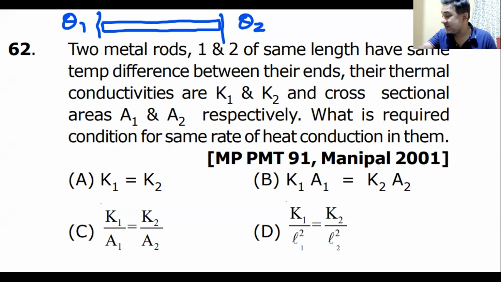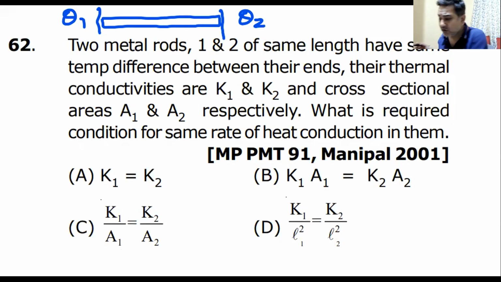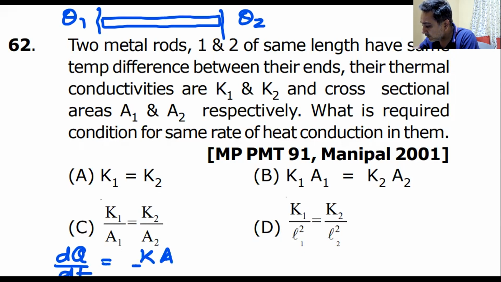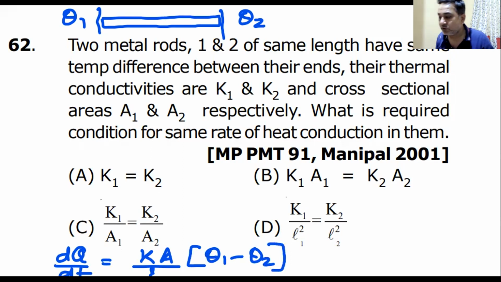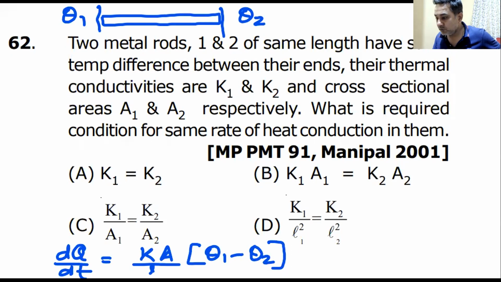And how did you get the answer as B? Remember, it might not have anything to do with series or parallel connection. It just has got everything to do with how heat current flows. And if you remember how heat current flows, dq by dt is equal to K A by L into (theta 1 minus theta 2). Do we all remember this formula?